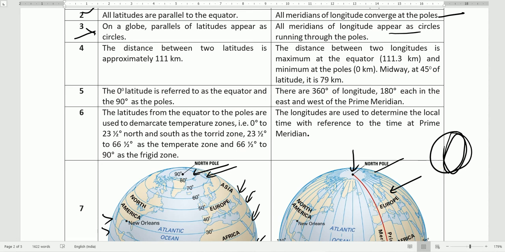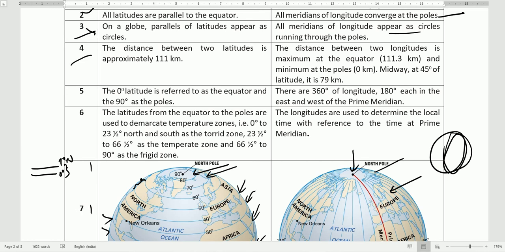Then the fourth point: the distance between two latitudes is approximately 111 kilometers. Here we have intervals of 10 degrees, but the distance between two parallels is, for example, if this is the equator and this is 1 degree north, the distance from here is 111 kilometers.